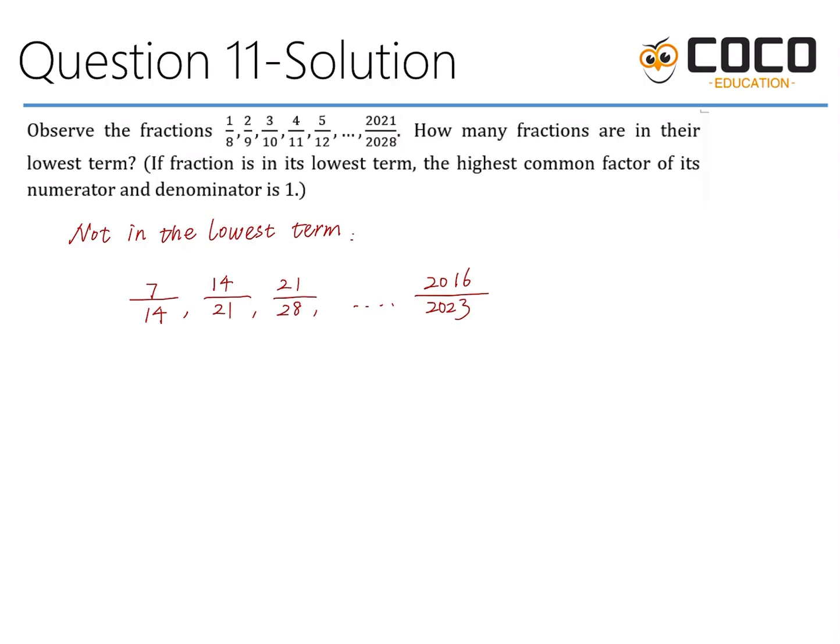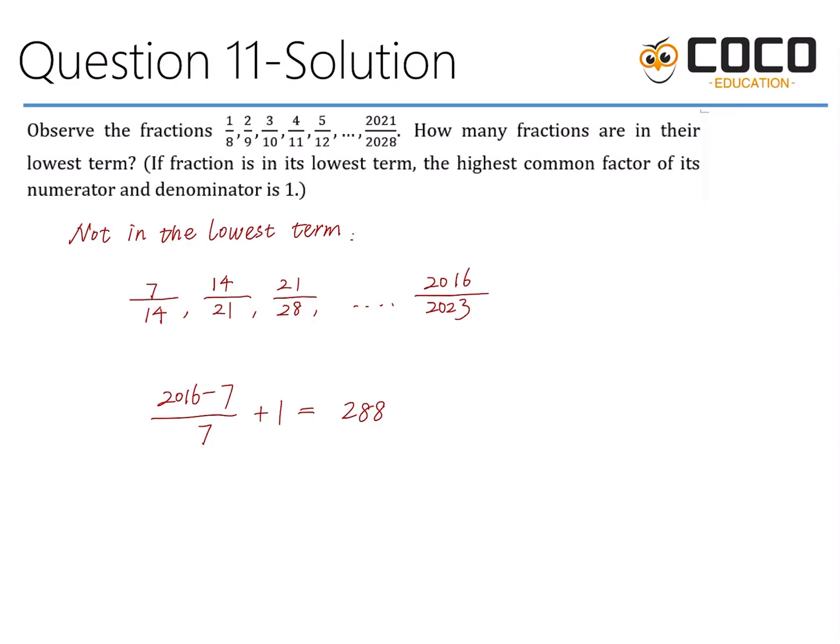Okay, let's find out how many fractions there are. So just look at the numerator, each time plus 7. So we use the last term, 2016, minus the first term, divided by the common difference, 7, then plus 1. There are 288 fractions here.